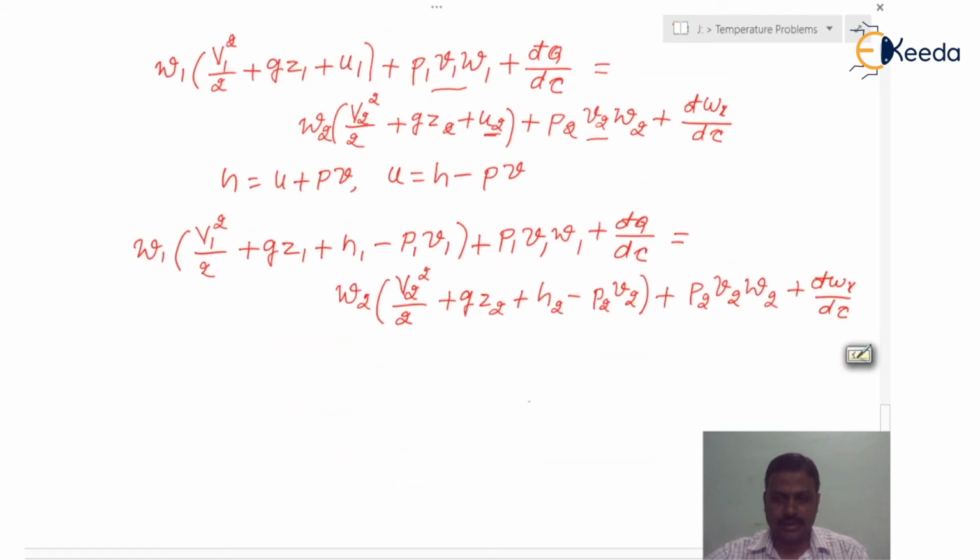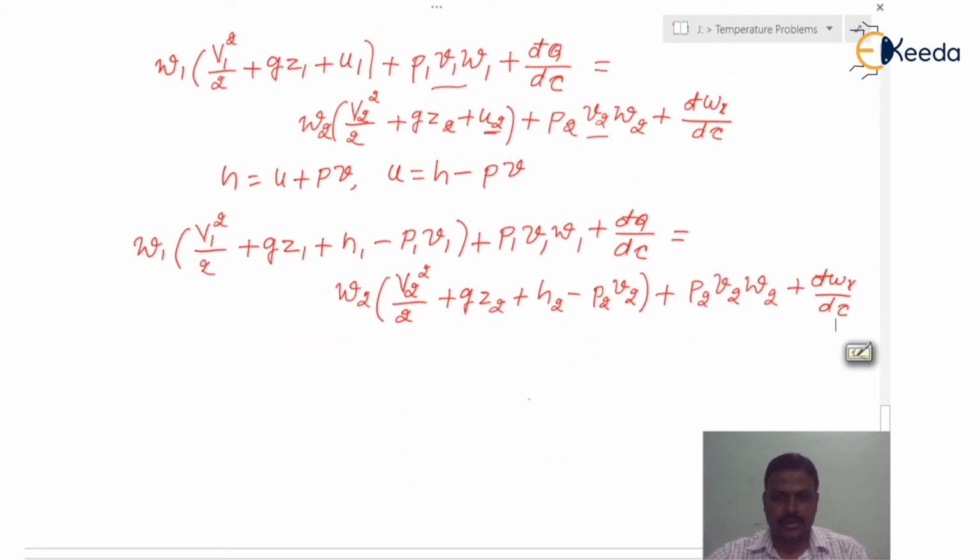Then in the next step we can write by cancelling P1 V1 W1. Here in this expression, this minus P1 V1 into W1 and this plus P1 V1 W1 get cancelled, so that becomes 0. On the right hand side, this minus P2 V2 W2 plus P2 V2 W2 get cancelled and become 0.